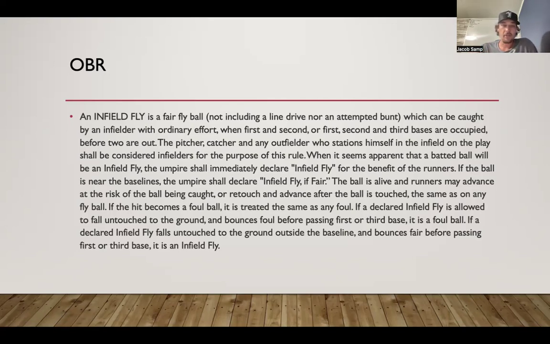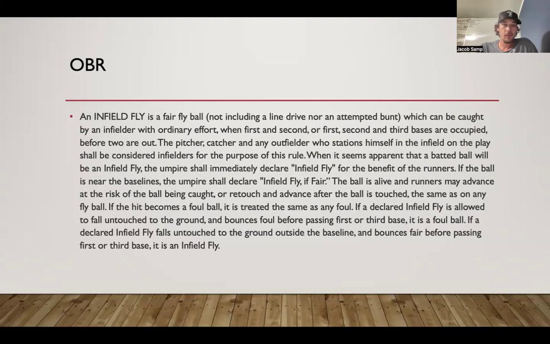That is always a major contested issue with some coaches who feel that just because a ball was in the outfield, the infield fly rule should not apply. That is not the case.